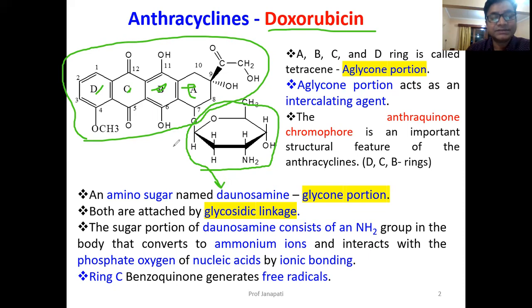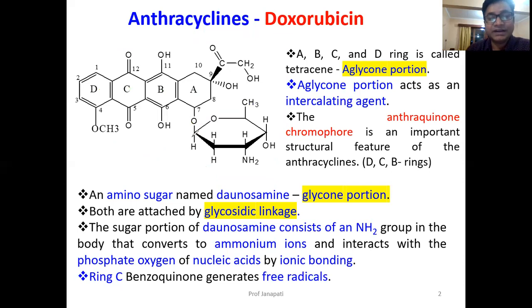Both of these, the sugar and non-sugar portions, are linked together by a glycosidic linkage, between position 7 and position 1 of the daunosamine. So this is a glycoside, as we learned.